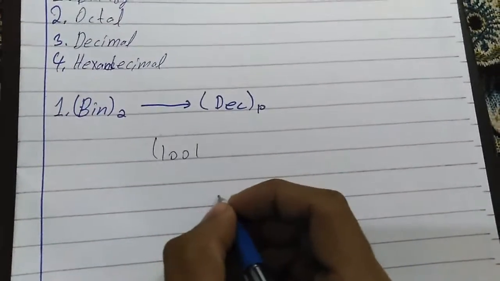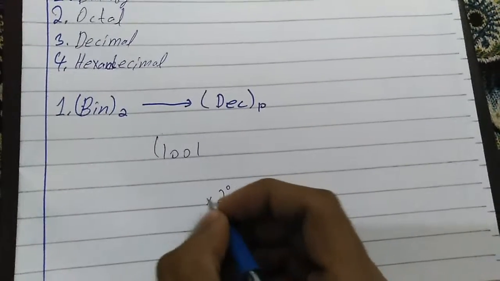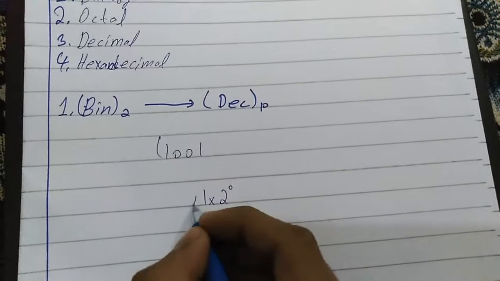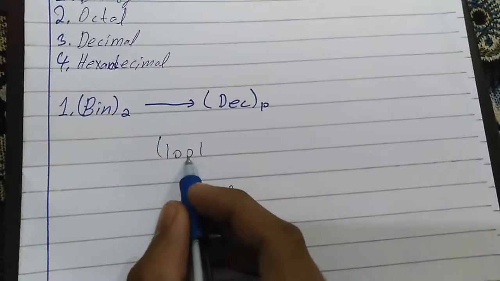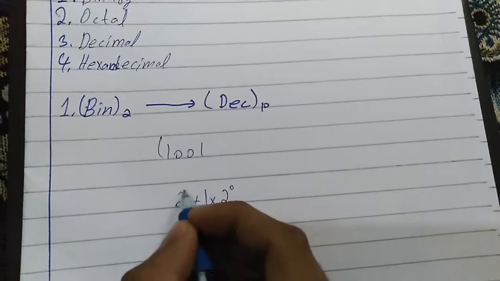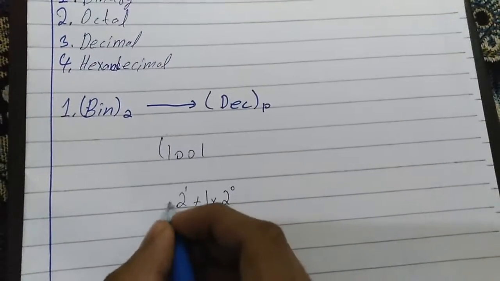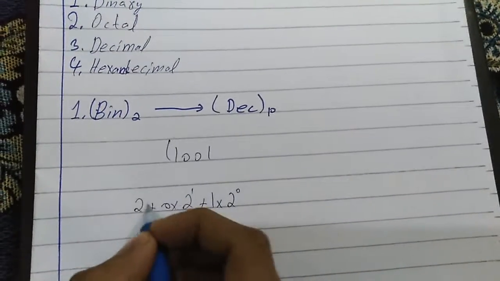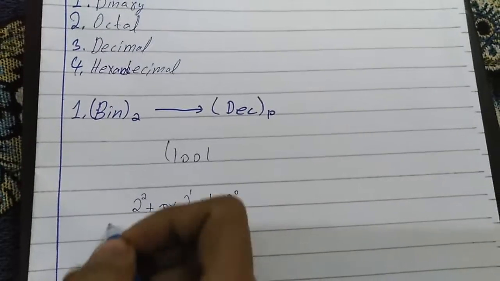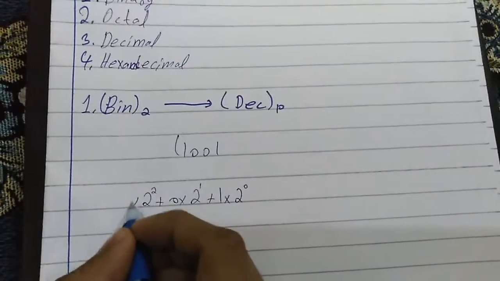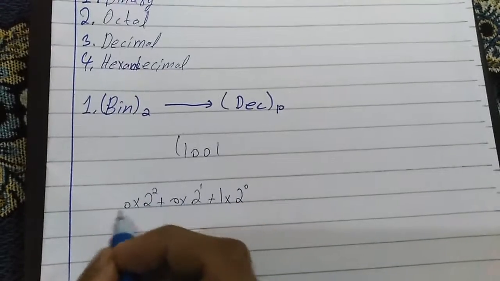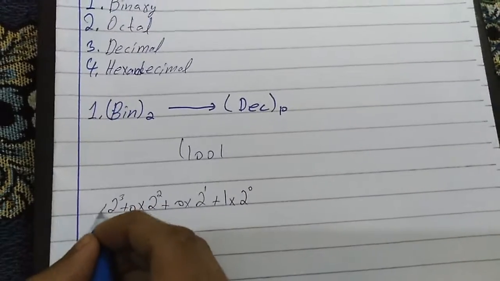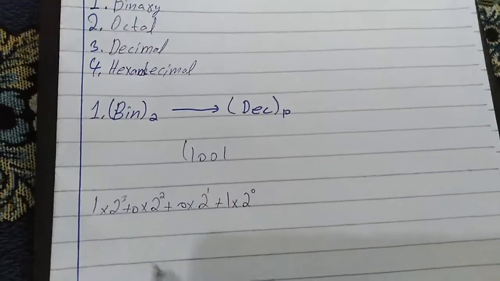Like this, it will become 2 power 0 multiplied by 1, first from right to left, then added to the next value, where the power increases by 1: 2 power 1 multiplied by 0, then also addition, 2 power 2 multiplied by 0 again, and addition, 2 power 3 multiplied by 1 last.